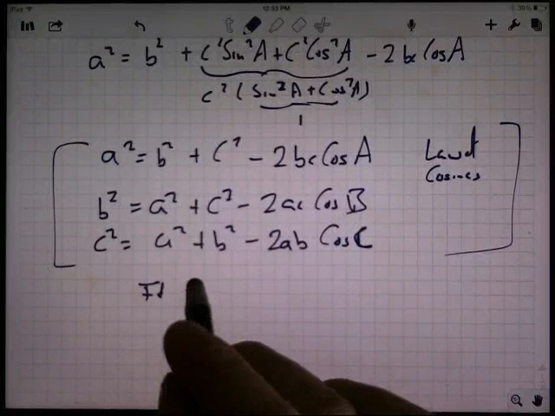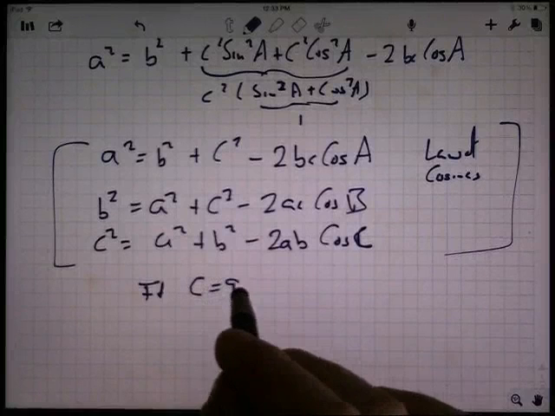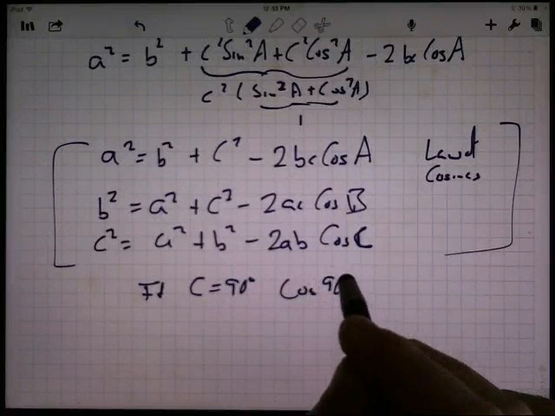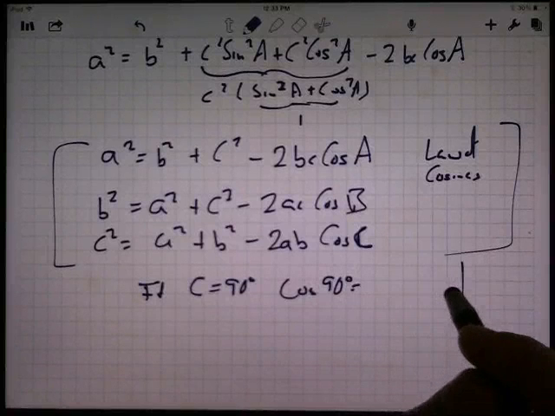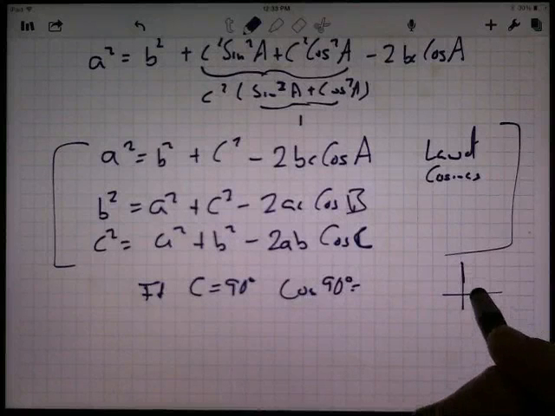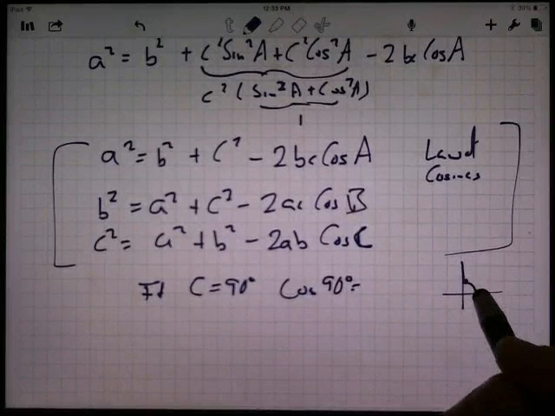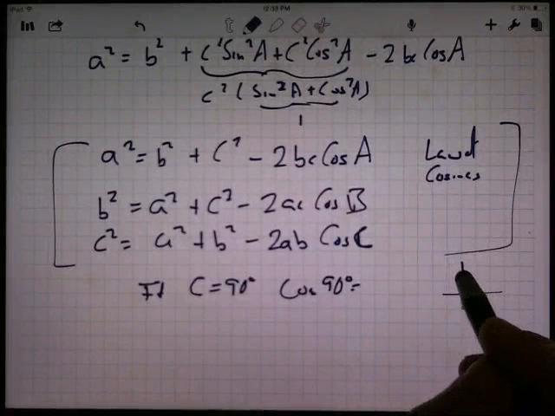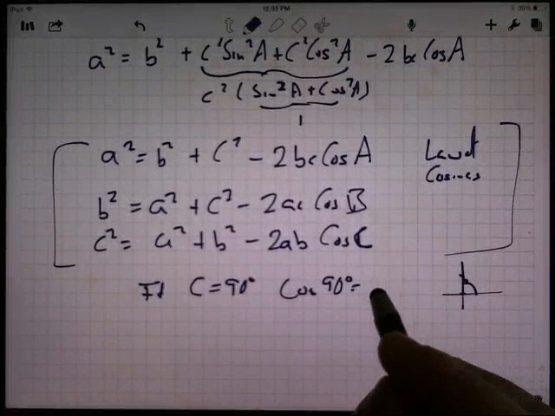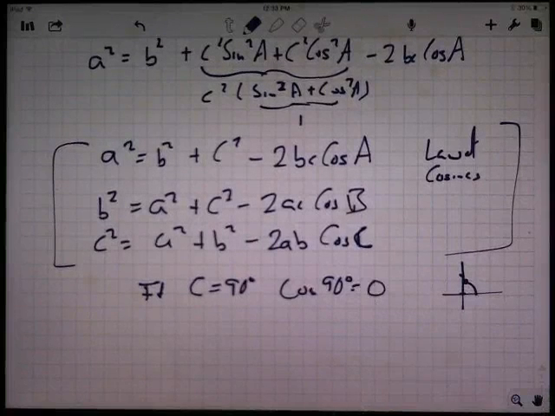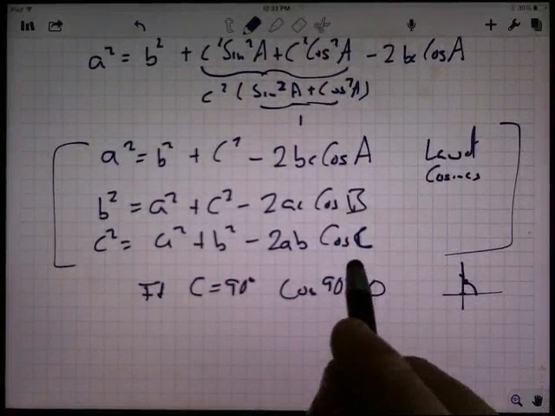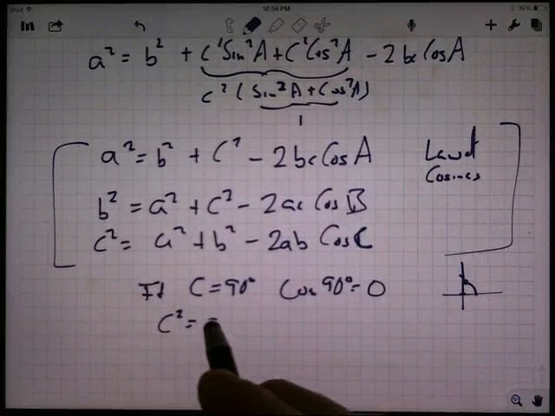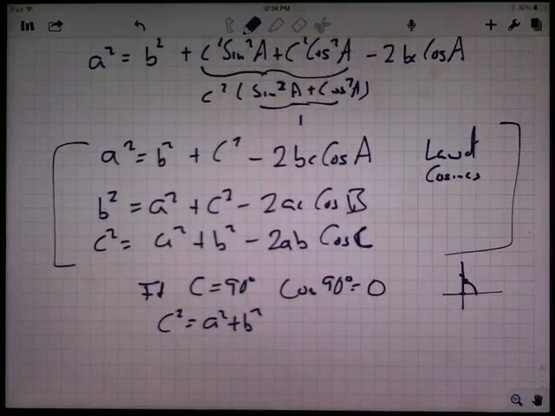If angle C equals 90 degrees, cosine of 90 degrees, I'm picturing this 90-degree angle right here. Cosine is the x-coordinate divided by r. Well, the x-coordinate is 0 if I'm on the y-axis there, so cosine of 90 degrees is 0. And so this turns out to be the Pythagorean theorem.